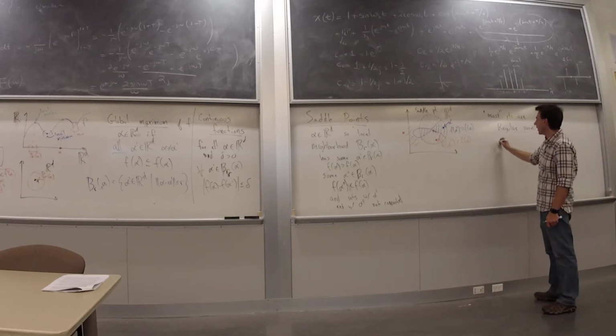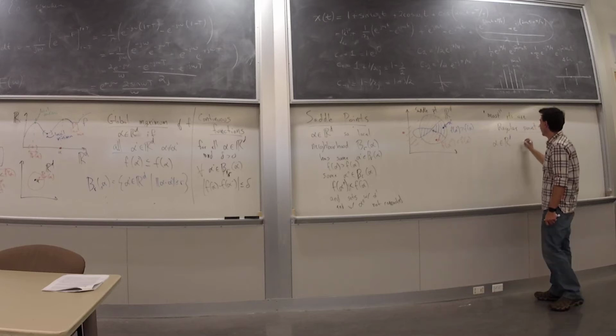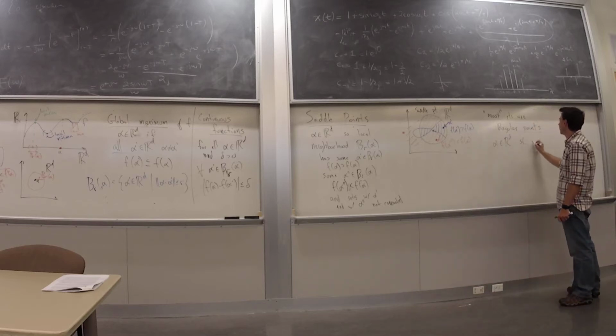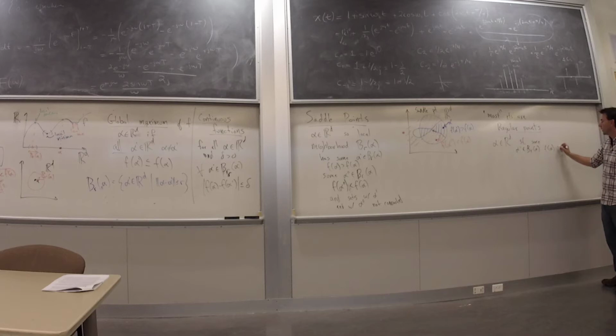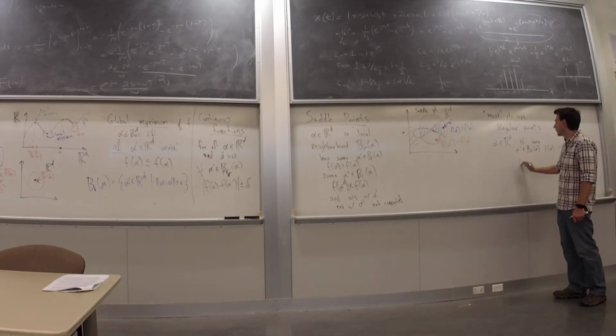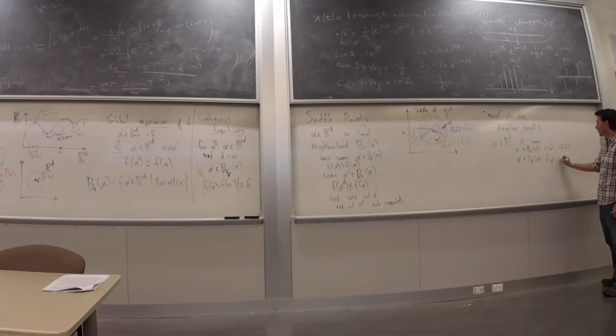A regular point is an alpha in R^d such that some alpha prime in the neighborhood has f of alpha greater than f of alpha prime, and some alpha double prime has f of alpha less than f of alpha double prime.